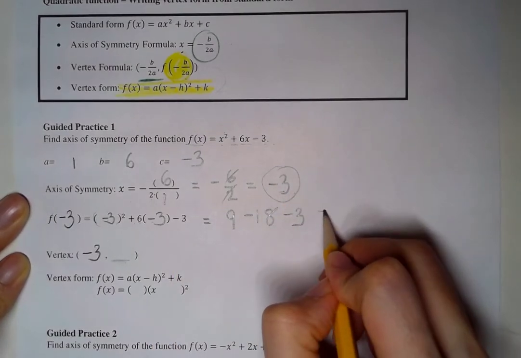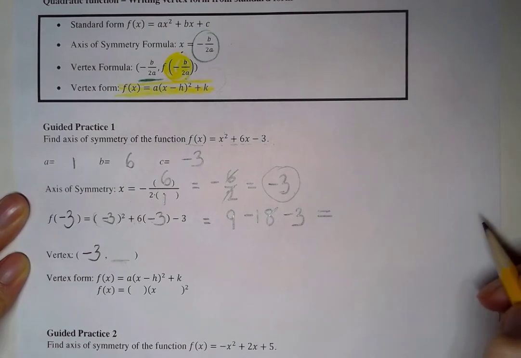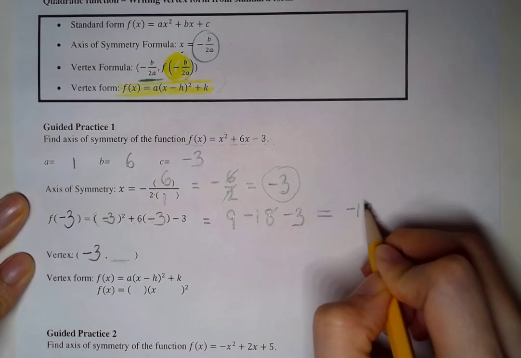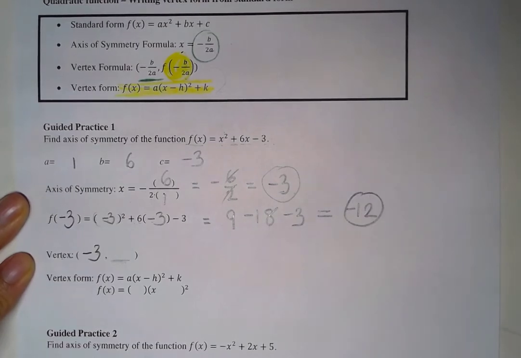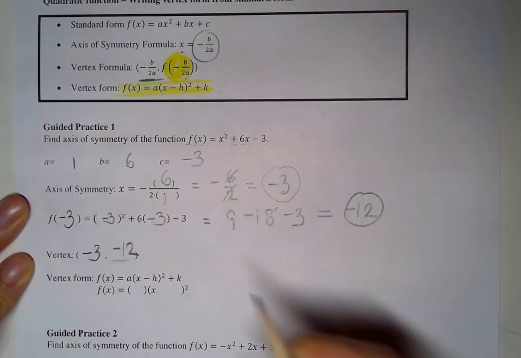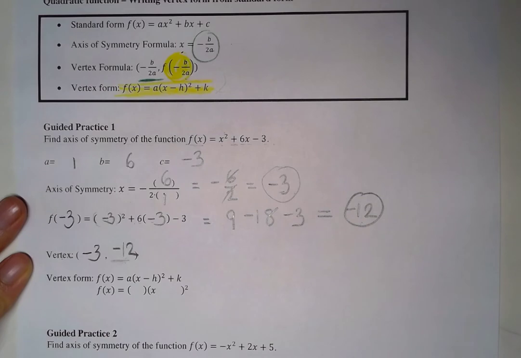Then let's calculate. What do you get, guys? 9 minus 18 is negative 9. Negative 9 minus 3 is negative 12, right? I got negative 12. So that is my y-coordinate of the vertex. Negative 12, right?